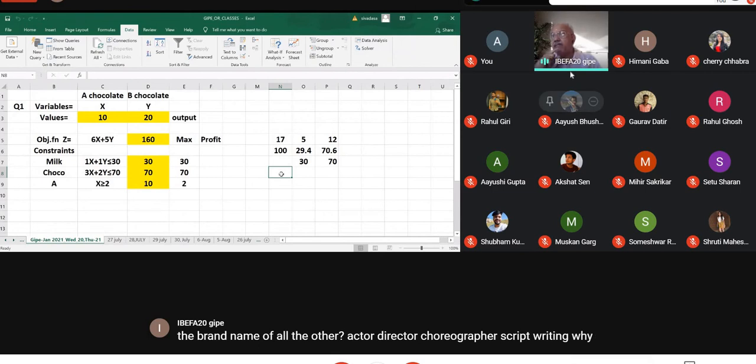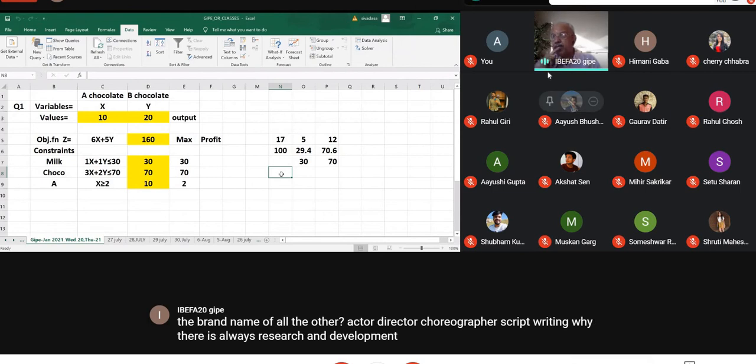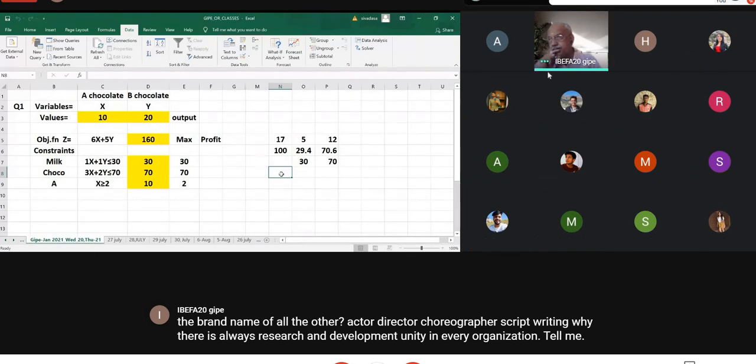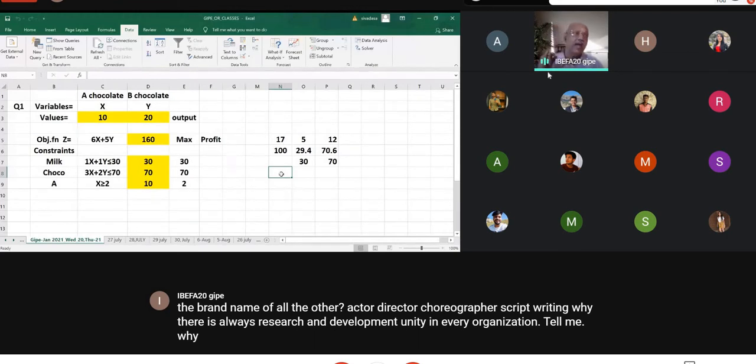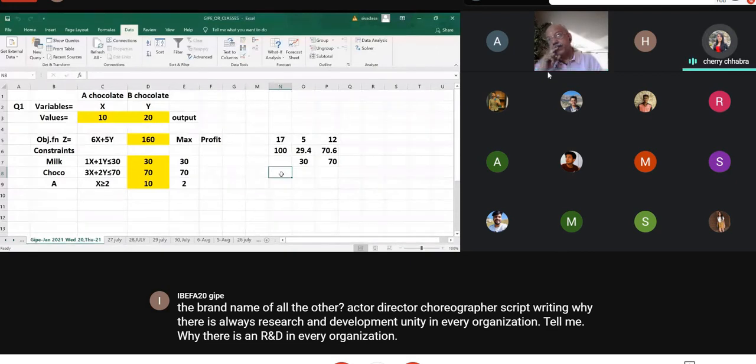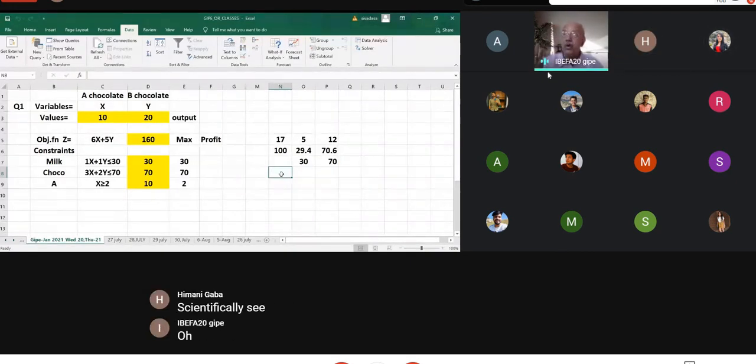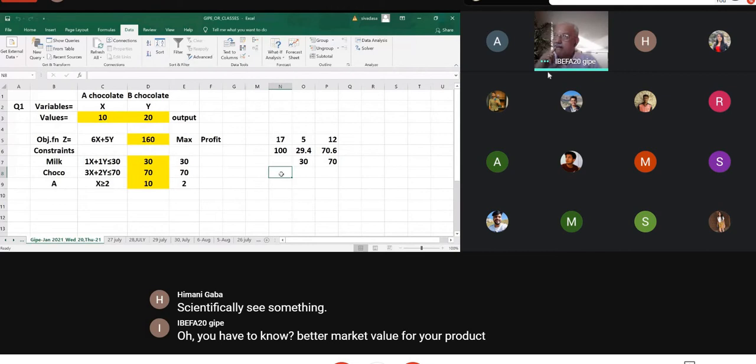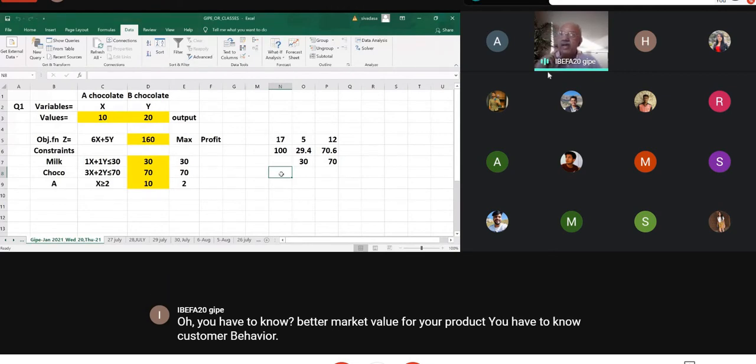Why is there always a research and development unit in every organization? To innovate, to scientifically see something. You have to know better market value for your product. You have to know customer behavior. Why are there fertilizers available in the market?